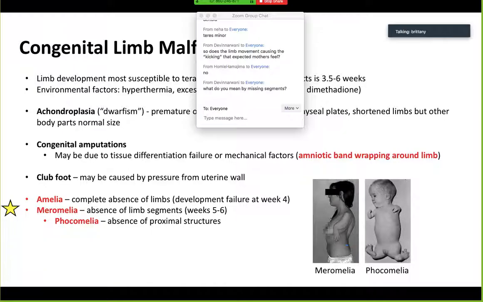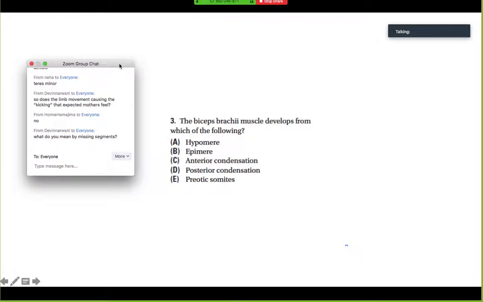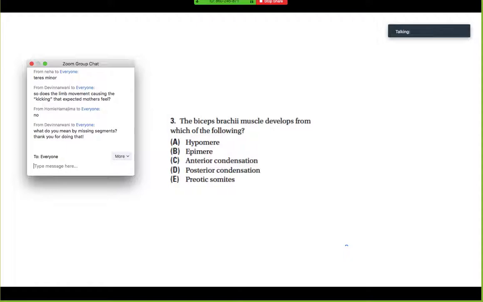Let me look that up really fast just to make sure. And while I do that, we can go forward and start with this first practice question here. So go ahead, if you guys know the answer, go ahead and type the answer into the chat box.